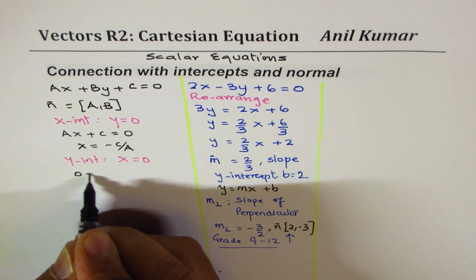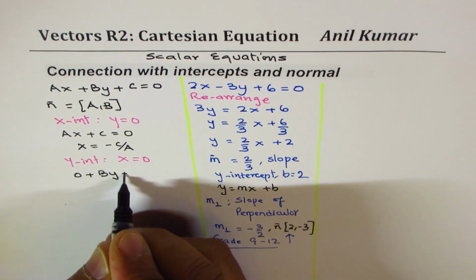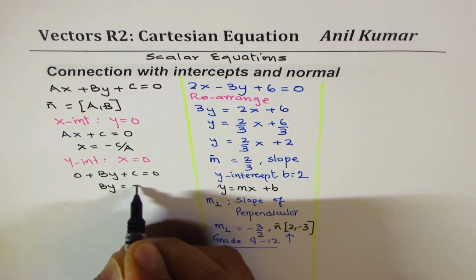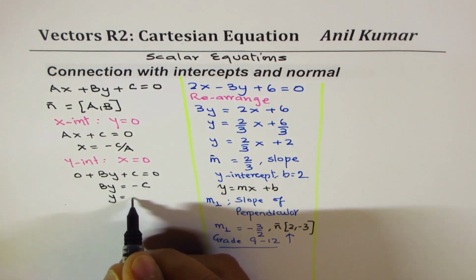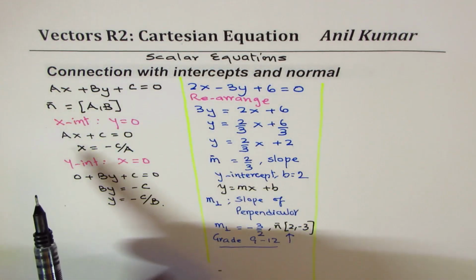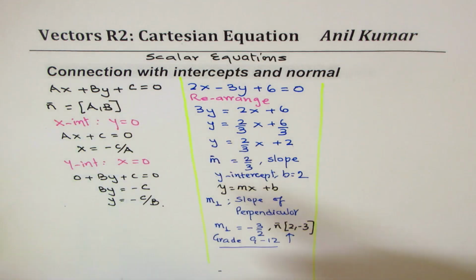So that means it is 0 plus by plus c equals to 0. So by equals to minus c, or y is equals to minus c over b, right? So from this Cartesian equation, we can straight away write intercepts also, right? So that is very important.